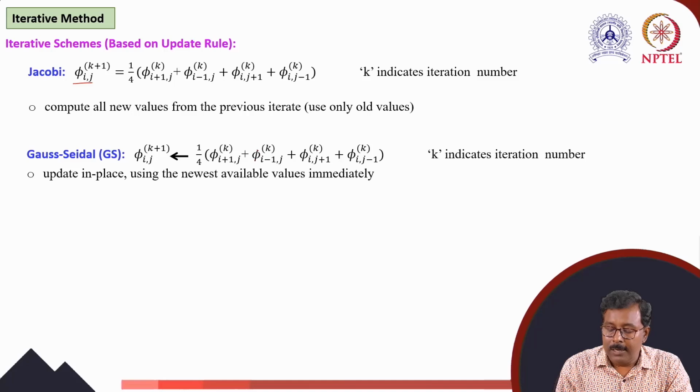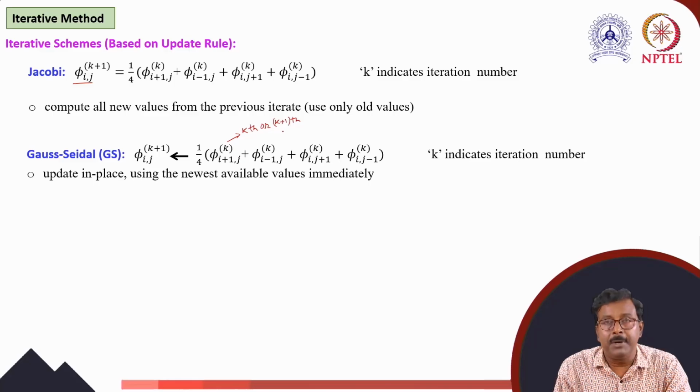In Jacobi there are fixed old values always from the kth iteration, but here it is not so. This may be from the kth or even the k plus 1th iteration. So the latest updated values should be used for these nodes.